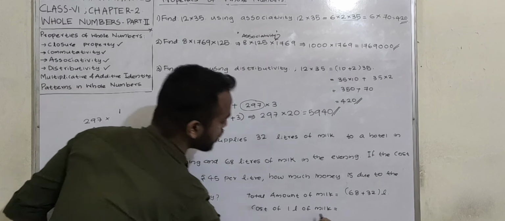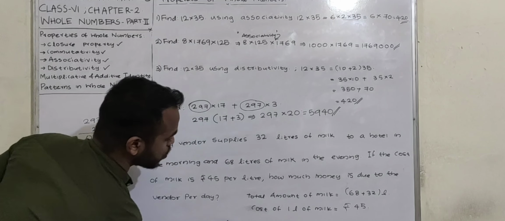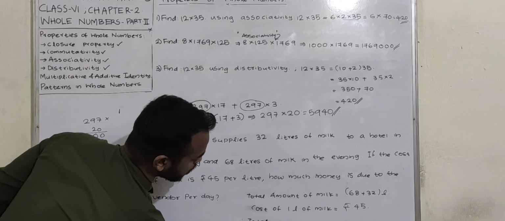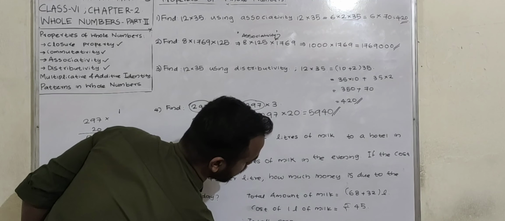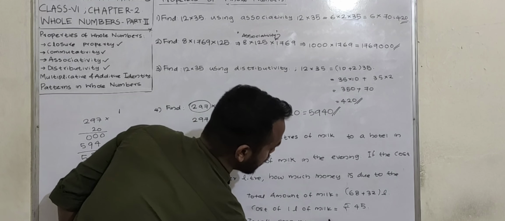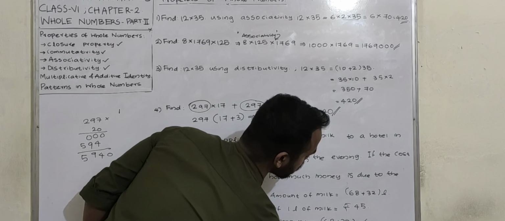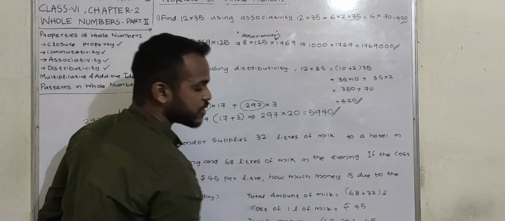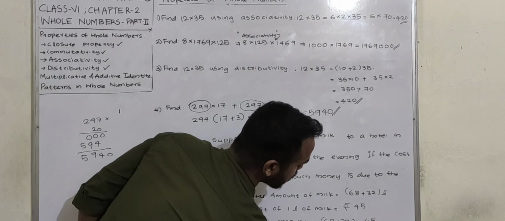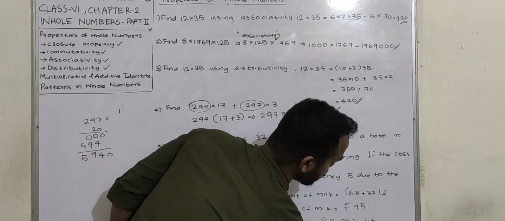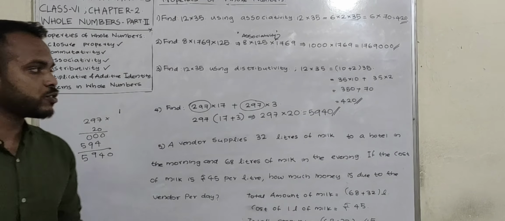What is it? It is rupees 45. So the total amount that the vendor is due is 68 plus 32 times 45. What is 68 plus 32? We can easily add them. It will be 100 into 45. So the answer becomes 4,500 rupees. I hope you understood this one.